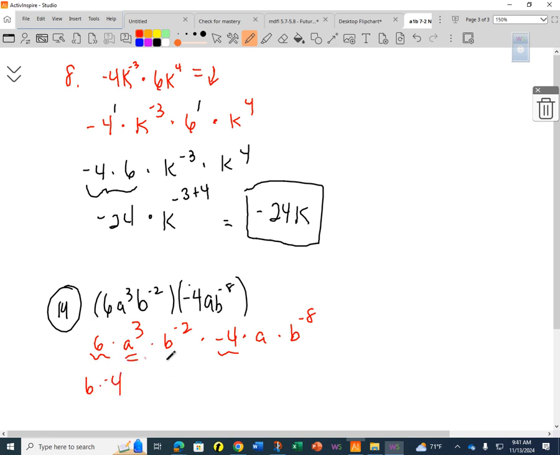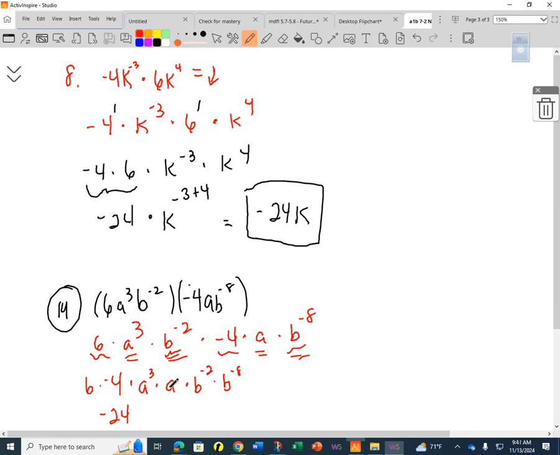And now I've got A and A, so I'm going to do times A cubed times A, right? And then I'm going to do times b to the -2 times b to the -8. So all I've done at this point is separated them so we can see that they're individual factors. We rearrange them to put the coefficients together and the like bases together. The coefficients don't have like bases. We just multiply those like normal.